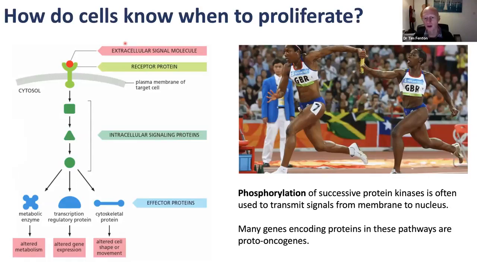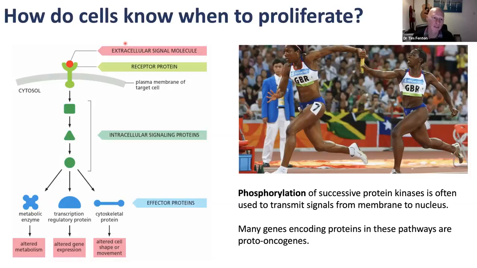This can be from far away, for example, things like insulin that gets secreted in our pancreas and then travels and has action in our muscle and our fat far away. Or these can be very local signals that are released by cells in the immediate environment to keep the tissues in what we call homeostasis and behaving as they should.